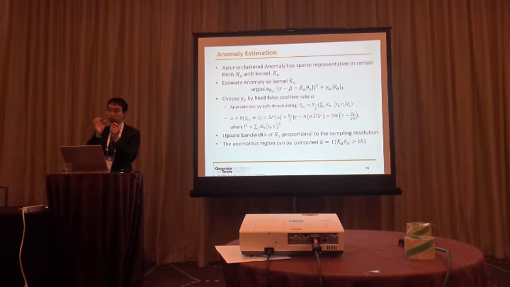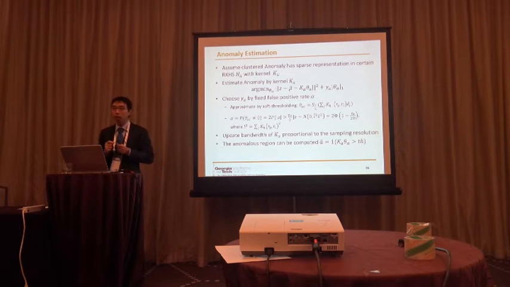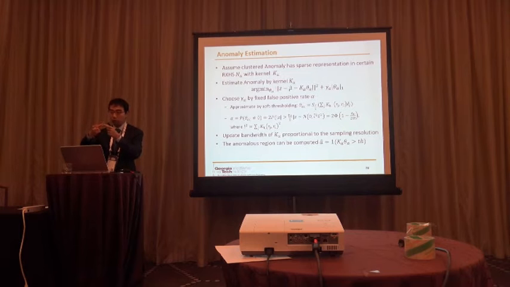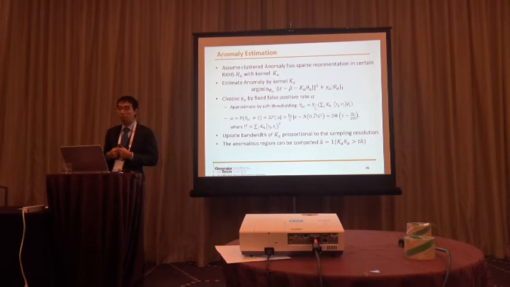We can update the kernel size for the anomaly based on our sampling density. Because with more and more samples, we have a much higher resolution, so we can choose a much smaller kernel size. We propose choosing a kernel size proportional to the sampling density.